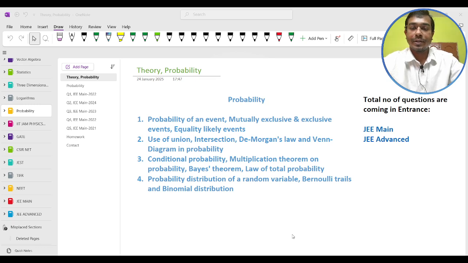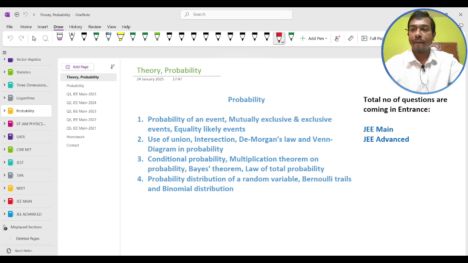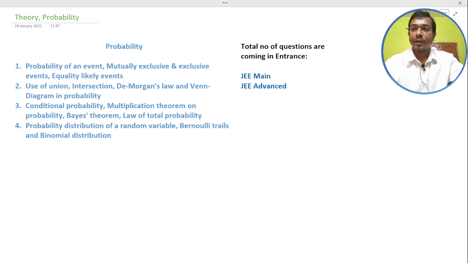In our previous lecture, we discussed the statistics from class 11, and in today's class, we'll cover the probability from both class 11 and 12.